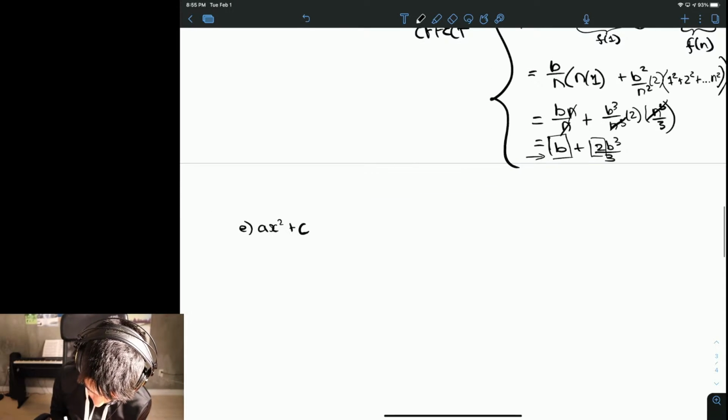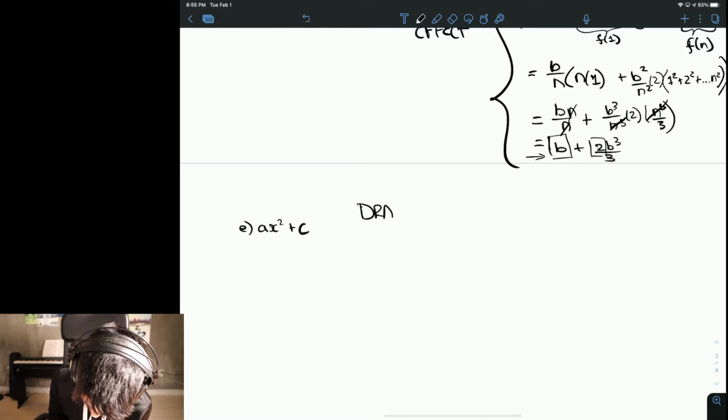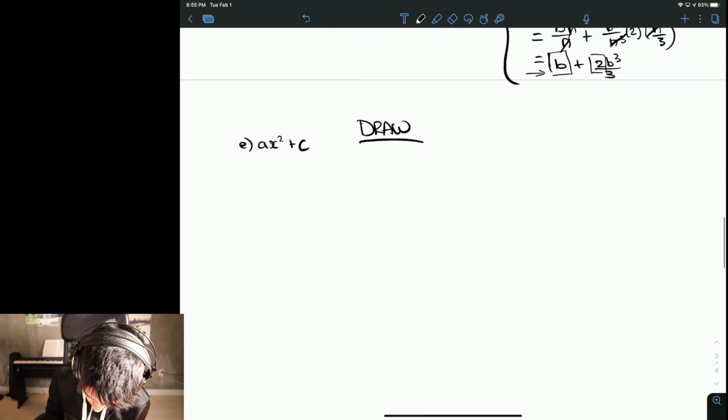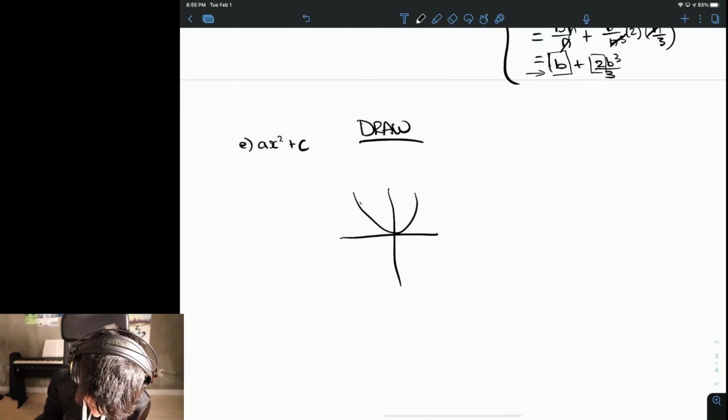So I'd say that now we're asked again to draw this. You can't because it's such a generic thing, but generally if we have some parabola, it's going to go down when c is less than 0. It's going to go up when c is greater than 0.